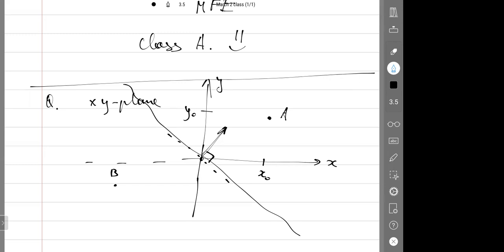As I have only two choices, either A or B, it's sufficient to calculate the gradient at 0, 0.